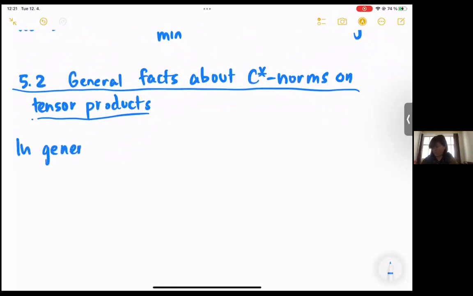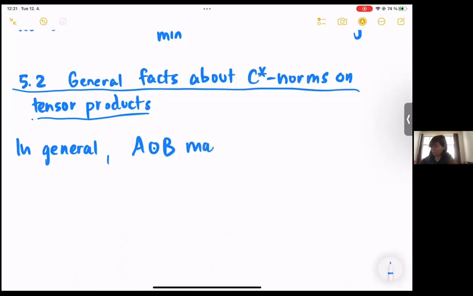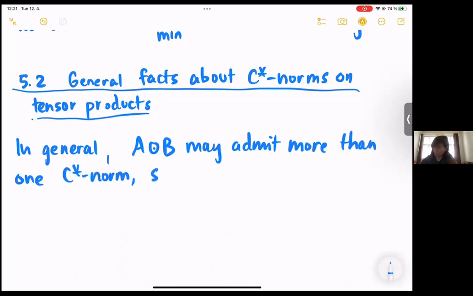So as I was mentioning, in general, this might admit more than one C-star norm. Which means that we have potentially many different C-star algebra tensor products of these two that are not necessarily going to be isomorphic.